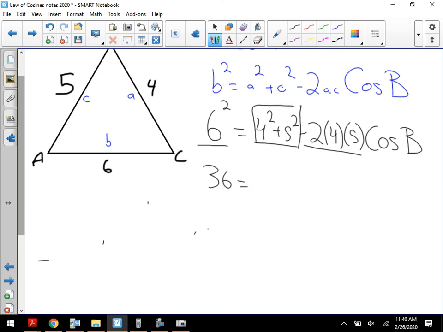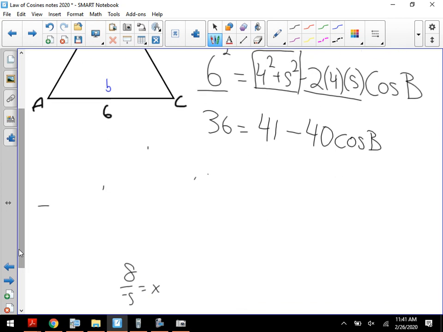What's 4 squared plus 5 squared? 41. Then 2 times 4 times 5. That's why I just wrote down the minus. This will always be minus whatever that is. That minus sign always stays there. It's going to be 40. Are we okay with that? And this is times the cosine b.